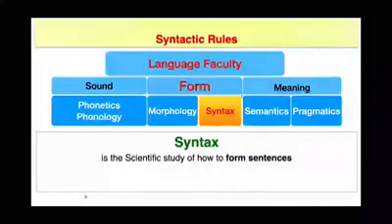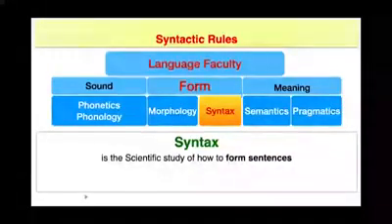Now, to start with, I would like to notice that language faculty, how do human beings come up with this capacity to speak and to speak a language, to formulate sentences in a language, and to express meaning in a language.